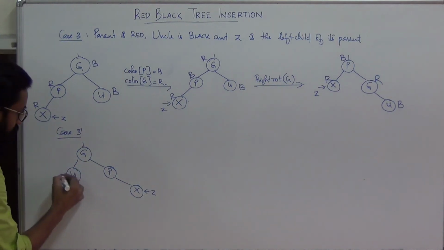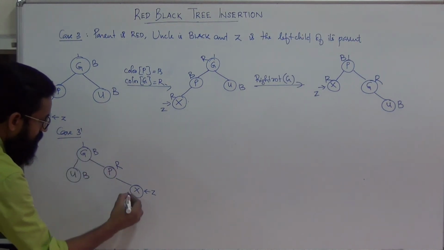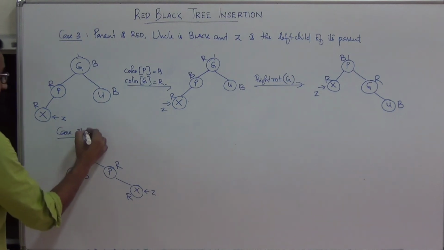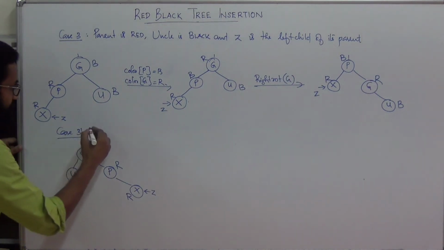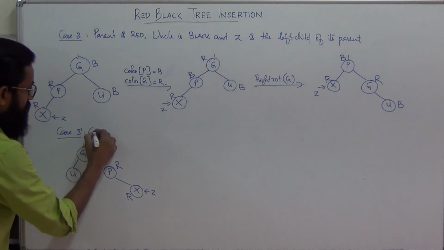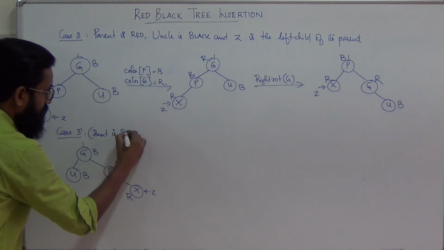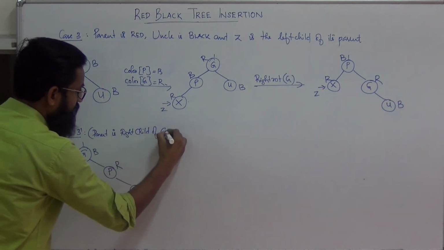So here parent is red, uncle is black and new node is the right child of its parent. So case 3 dash, symmetric case can be stated like this. It happens if parent is right child of grandparent.